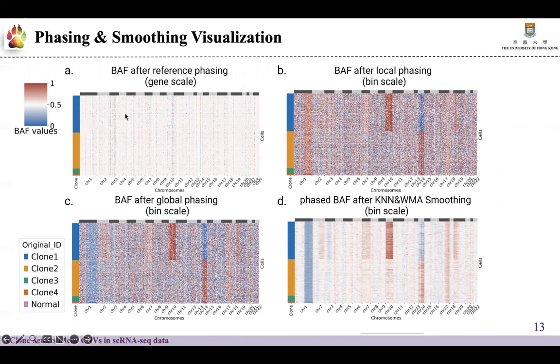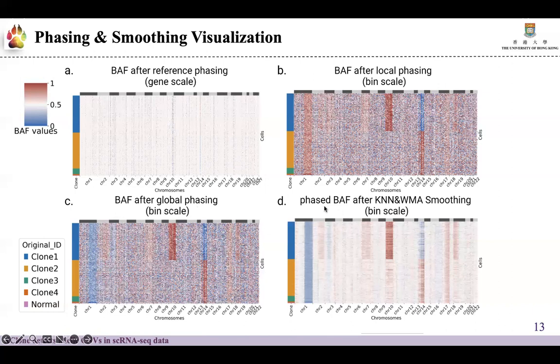Panel A shows the B allele frequency after the reference phasing, at the gene scale. B shows the B allele frequency after the local phasing, at the bin scale. And C shows the B allele frequency after the global phasing, also at the bin scale.